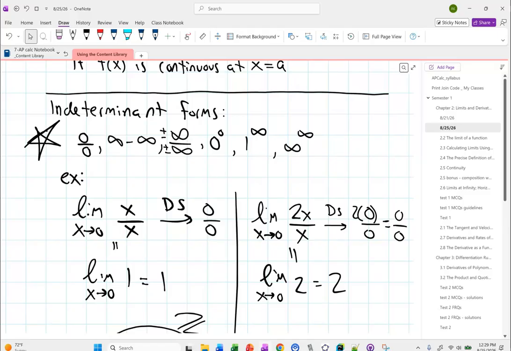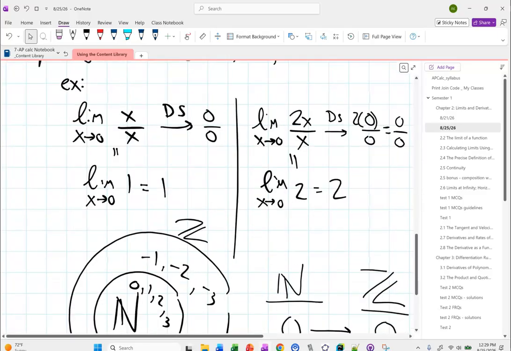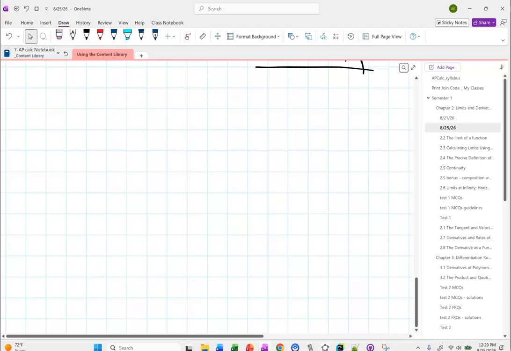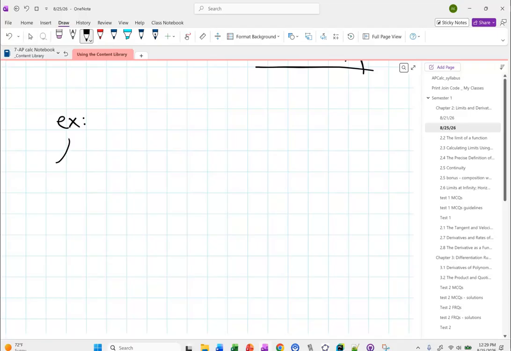There's gotta be dimensions, bro. Okay, so let's look at an example. We're just going to do an analytical limit.